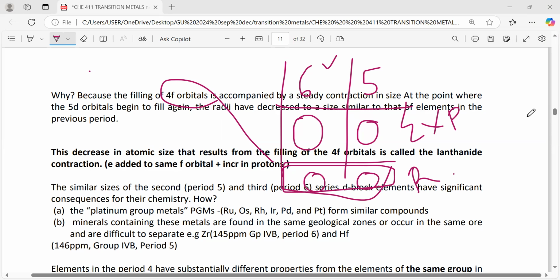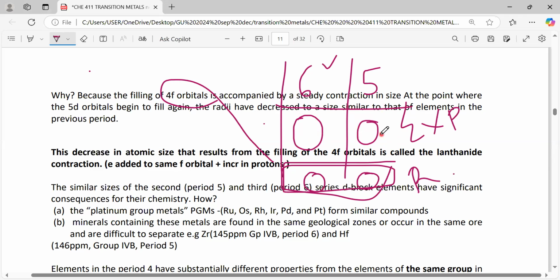understand. Now, I'll repeat again the reason why the period 6 and period 5 elements have the same radius. The reason is usually referred to as the lanthanide contraction. So let's start again. In reality, we expect, let me use my pointer, that the radius of period 6 will be bigger compared to period 5.